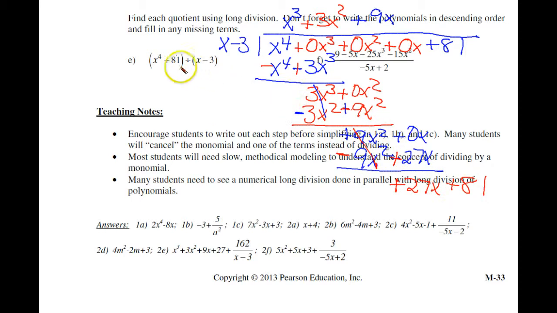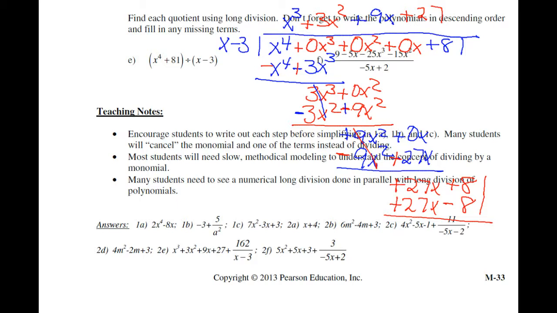Now, x will go into there 27 times. So I get x times 27 is plus 27x. 3 times 27 is 81, a negative 81. And lo and behold, what happens here?